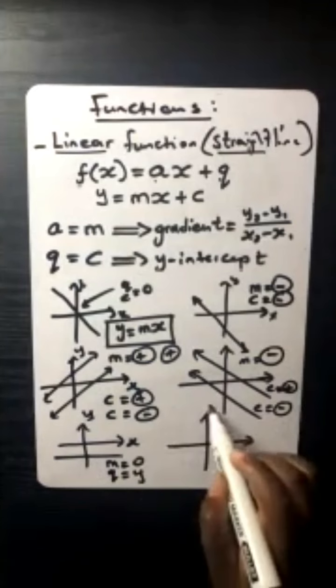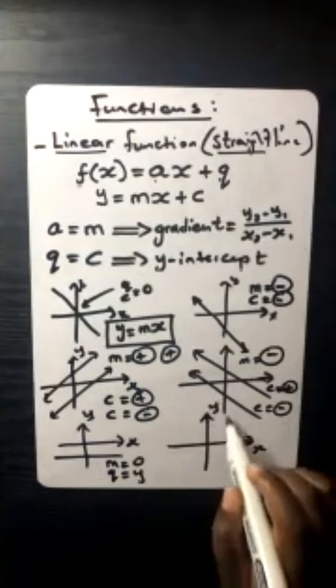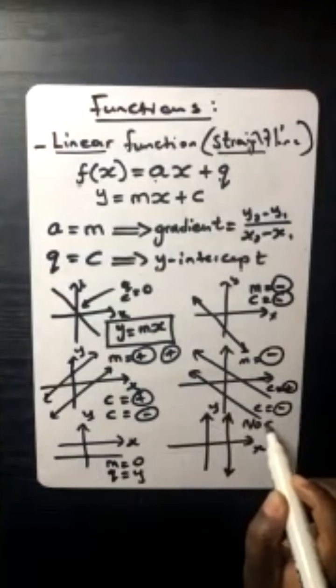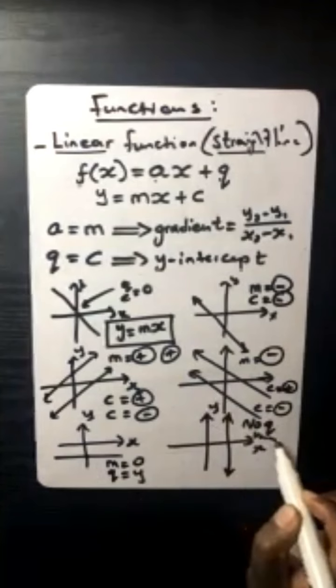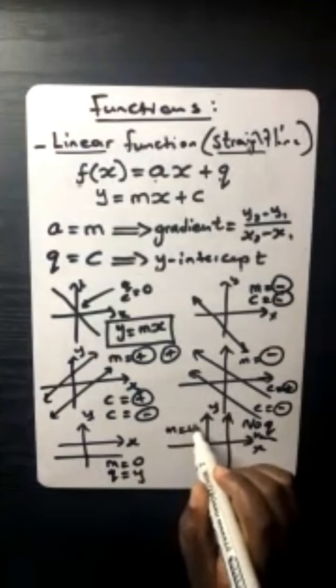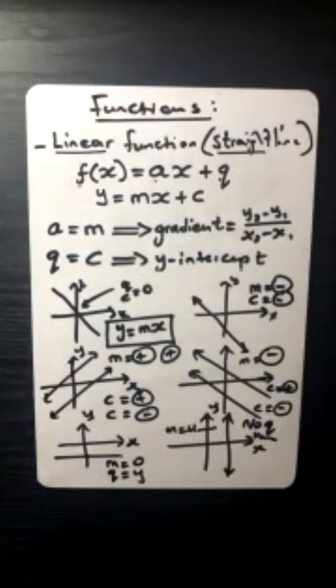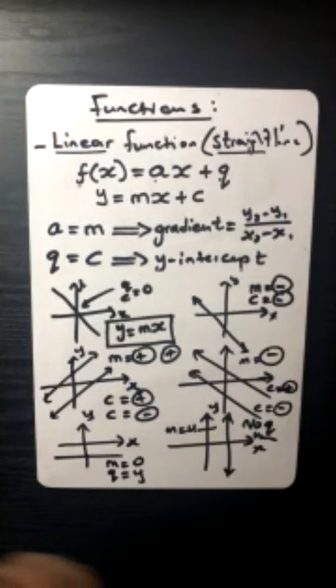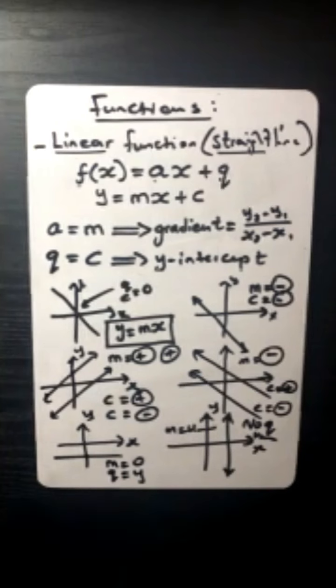And again, I've just explained this one where we said no Q value or C value, and then the gradient is undefined. So guys, this is all that you need to know regarding a straight line.